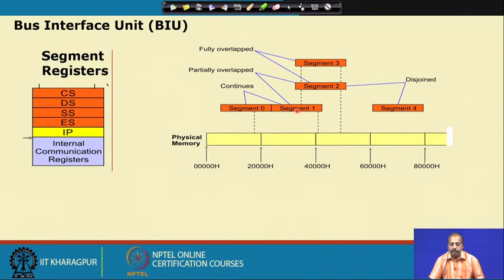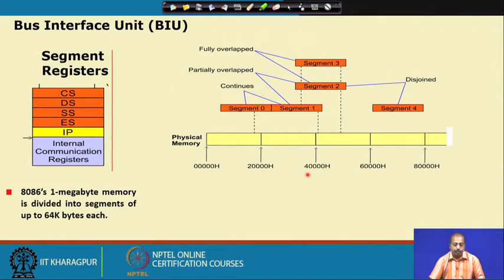A particular program may consist of a number of segments like segment 0, 1, 2, 3, 4. Segment 0 and segment 1 are continuous: after segment 0, segment 1 starts. Segment 2 and segment 1 partially overlap. Segment 1 also partially overlaps with segment 3. Segments 2 and 3 are completely overlapped. Then 3 and 4, and 2 and 4, are disjoint. Like that we can have different types of overlapping.